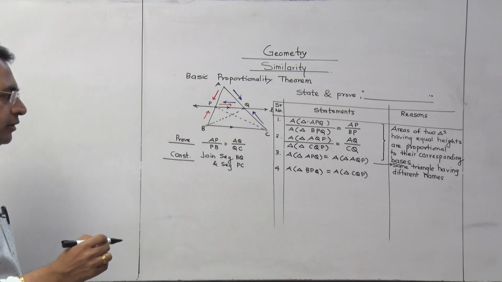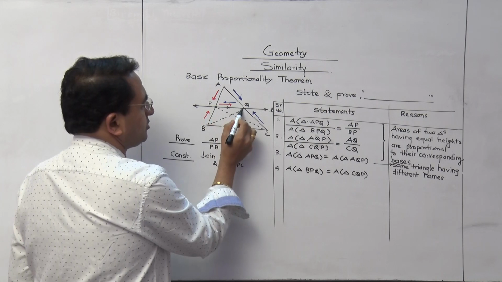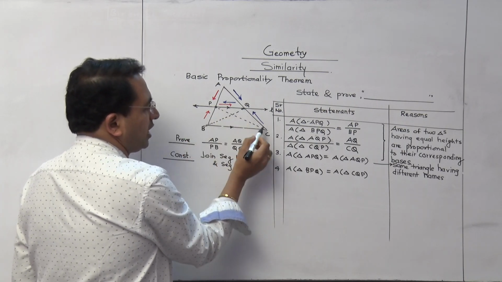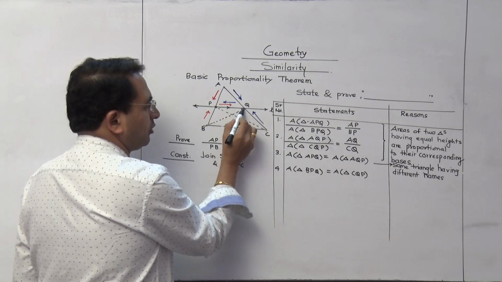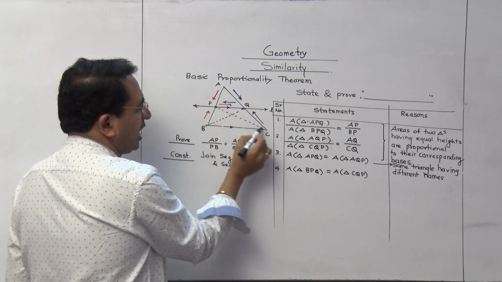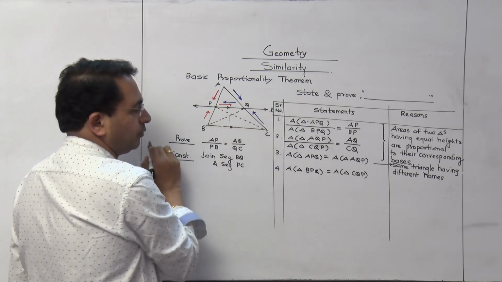So these triangles have the same base, that is PQ. BPQ has base PQ, and CQP also has base PQ, and these triangles are between the same two parallel lines, so their height is the same.